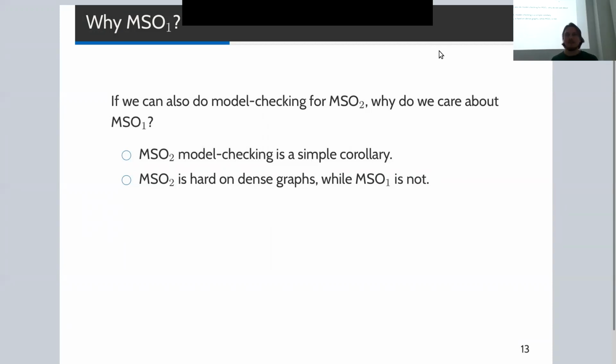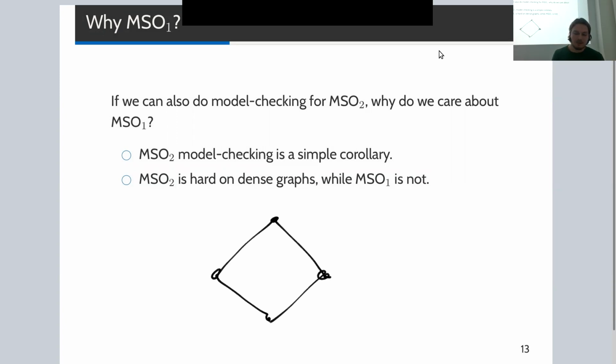So the nice thing is that you get this MSO2 result as a simple corollary. For the actual proofs, you can focus on MSO1 only. But if you're working with dense graphs, then MSO2 is way too powerful. Let's say you have a dense graph, maybe some large clique. Here, evaluating an MSO1 formula is trivial because you can complement the graph.